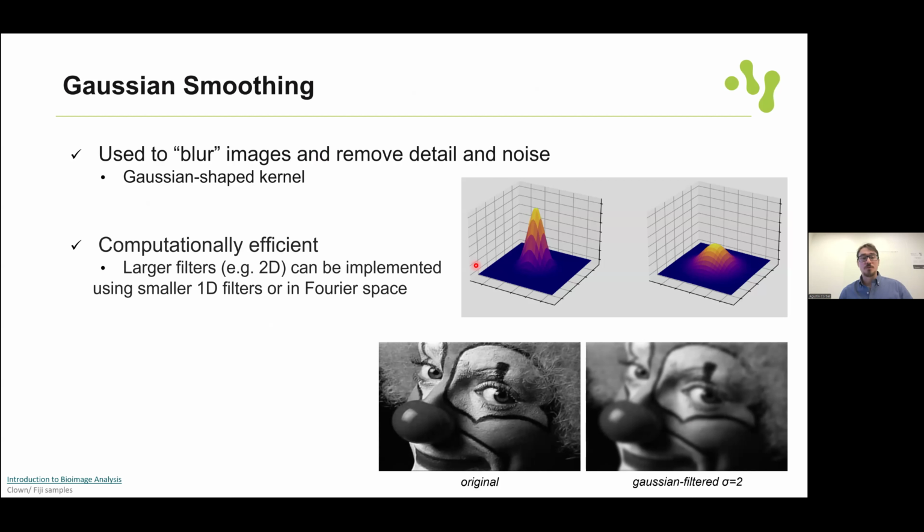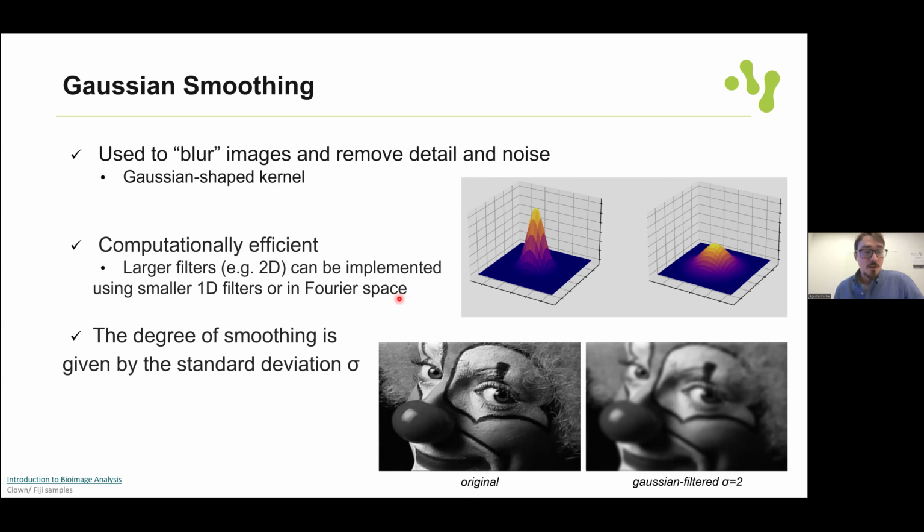One of the good things is that it is computationally very efficient because you can implement it quickly by composing different filters, or you can also use it in Fourier space. And the degree of smoothing is given by this width, the standard deviation of the Gaussian. So you can make it more blurred or less blurred depending on the parameter that you choose.